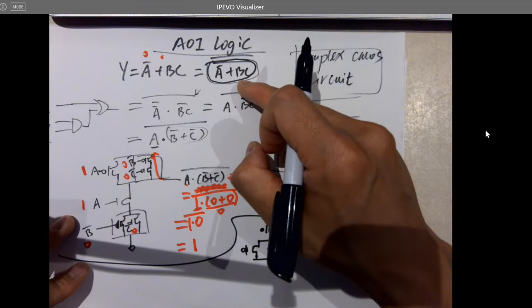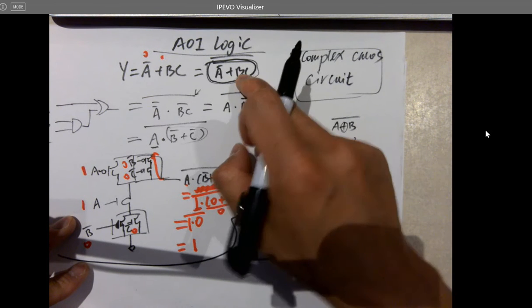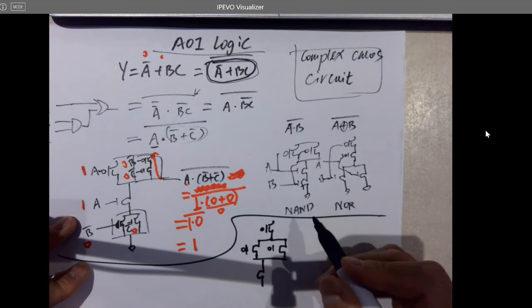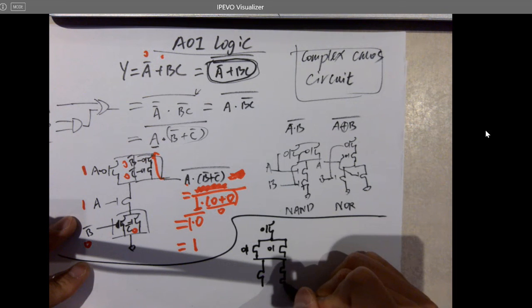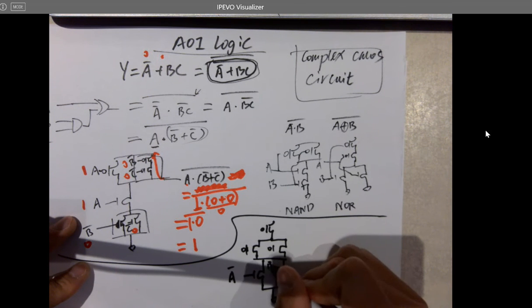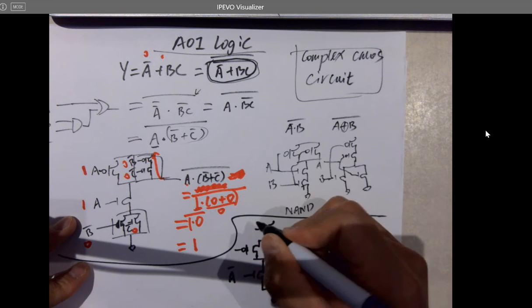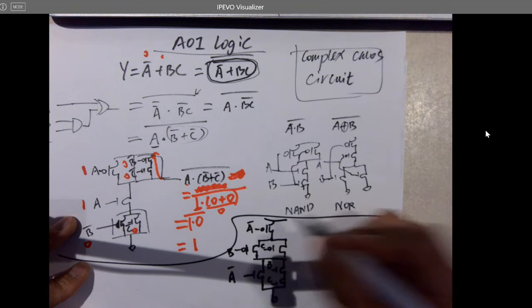And BC is a NOR logic, so it should be in parallel at the bottom. And these two should be in series. And this is A naught, this is B, this is C, and this is A naught, B, C.